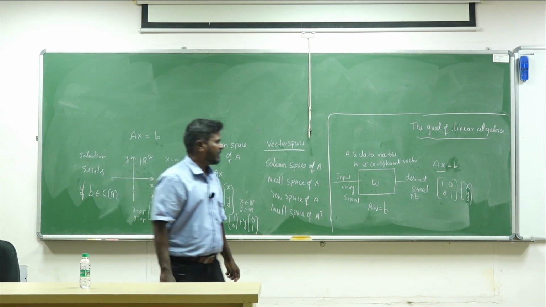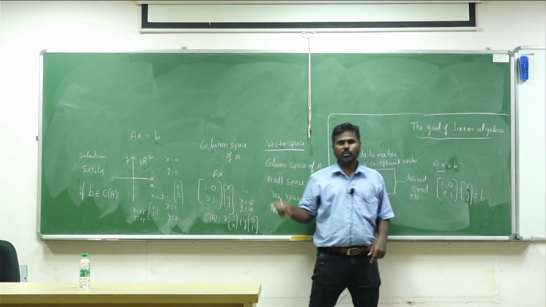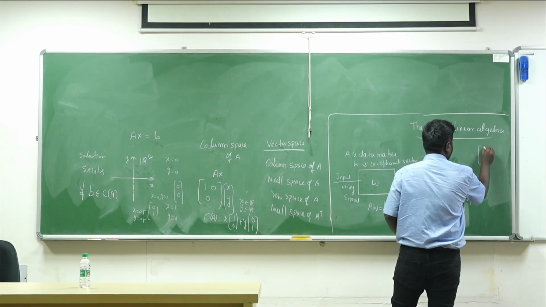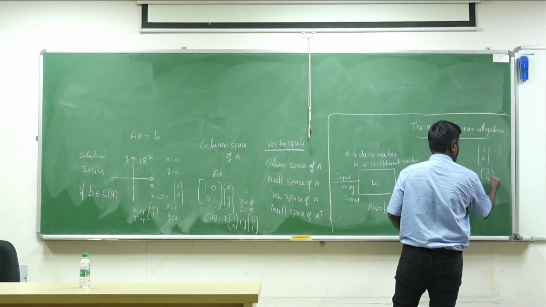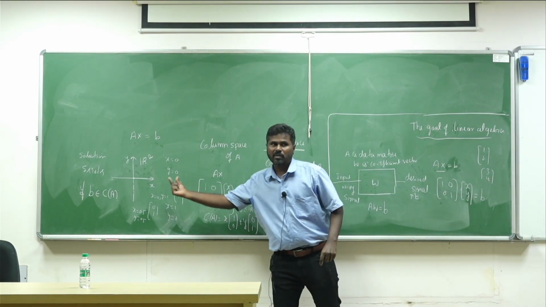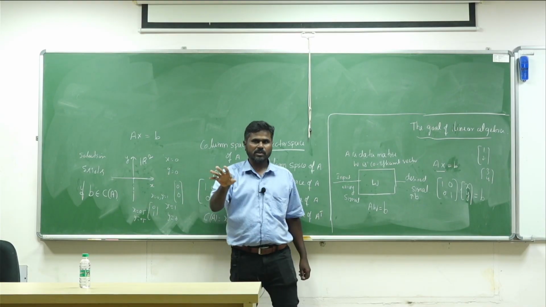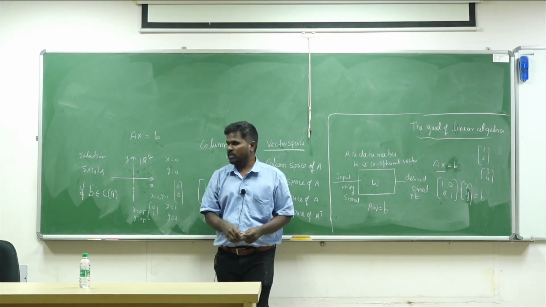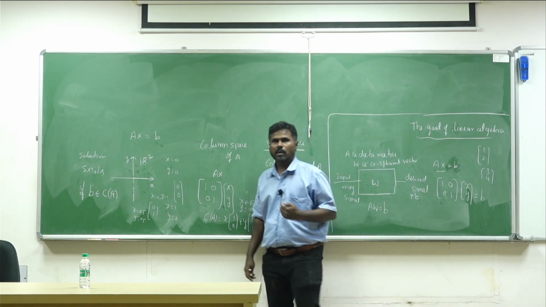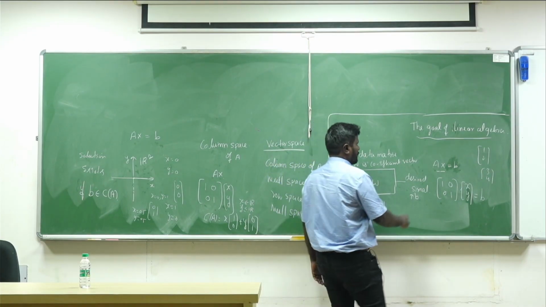The reason is, the B that you are going to put here is from the column space of A. Any B you take, it may be 1, 2 or 3, 4 or anything that you bring in, B is coming from the column space of A. If B is coming from the column space of A, then there is a solution. So the first condition is, on the right, if you want to have the solution, B must be coming from the column space of A.